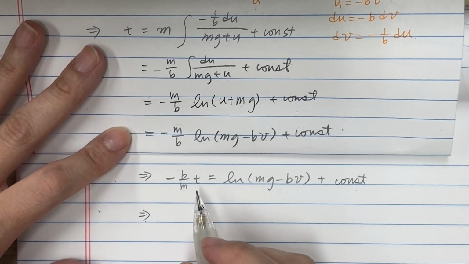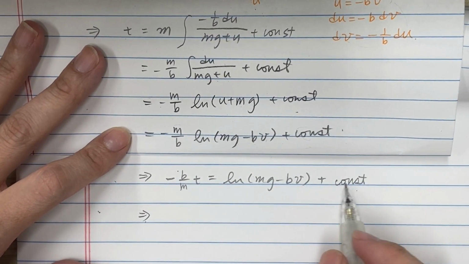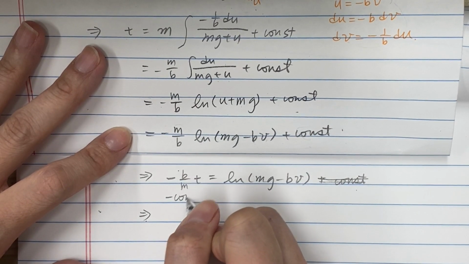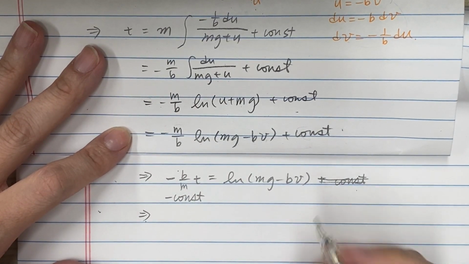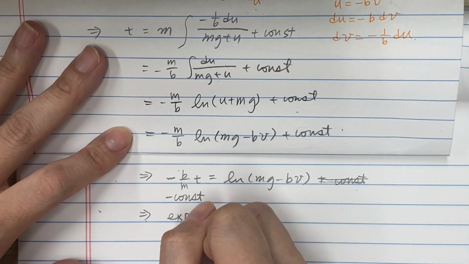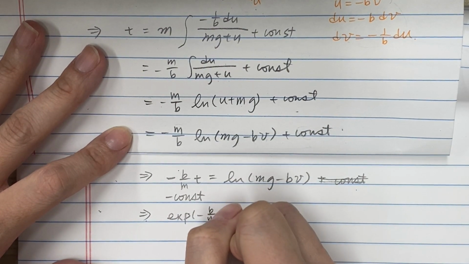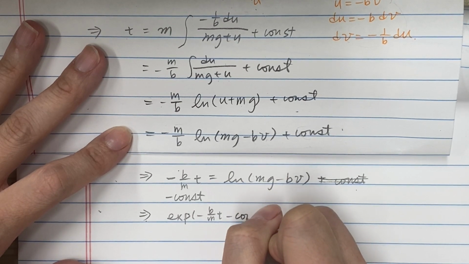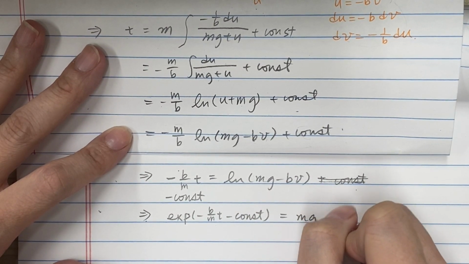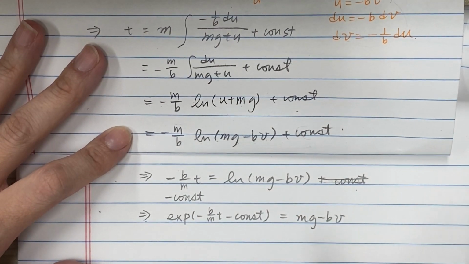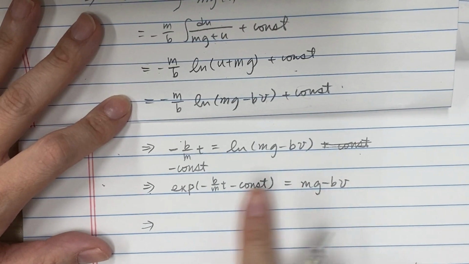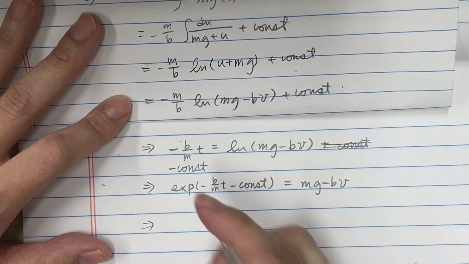Okay, and then again I want to isolate it, so let me remove this and move it here. Okay, then I will take exponential on both sides. Okay, and then now I'm going to bring negative bv to the left and this whole thing to the right.